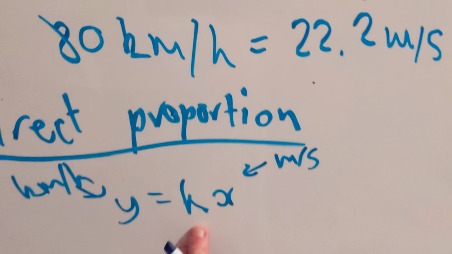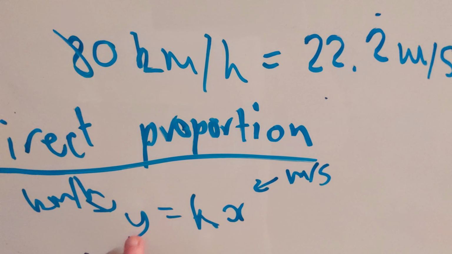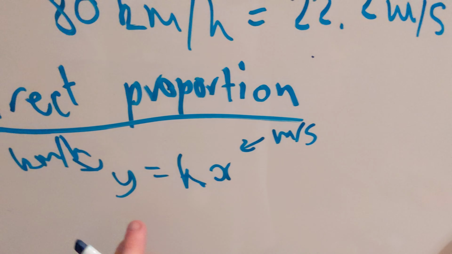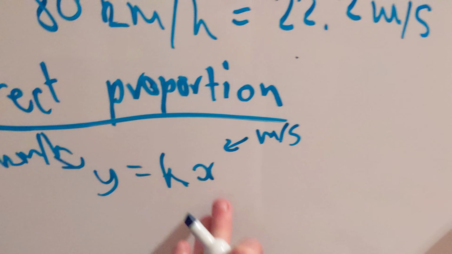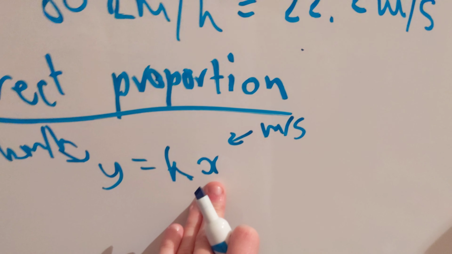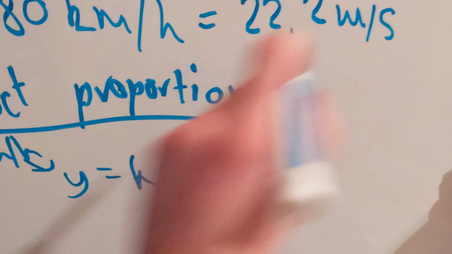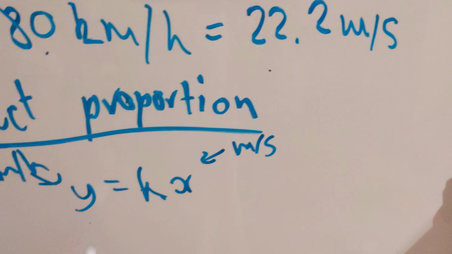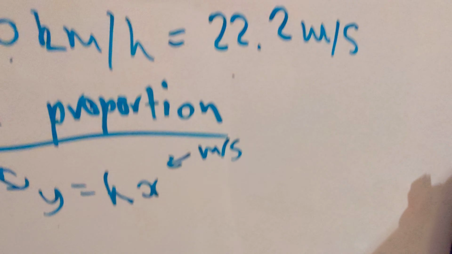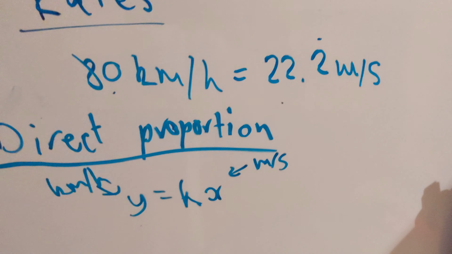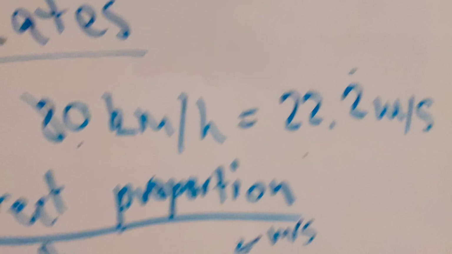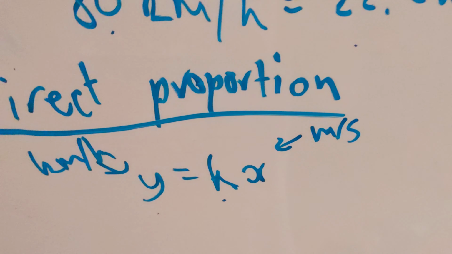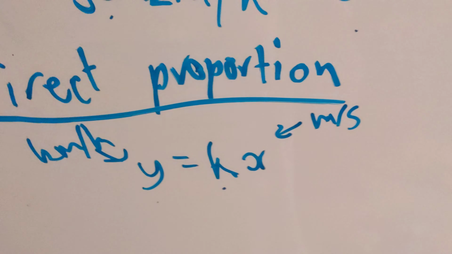And to find k, we need to substitute a value for y and for x. So we need to know a particular value of y that corresponds to a particular value of x. Up here, we know that when y is 80, so we've got 80 kilometers per hour, x must be 22.2 repeater. So we can substitute these values into our equation, and then we will only have k as the only variable, and we can solve for k.